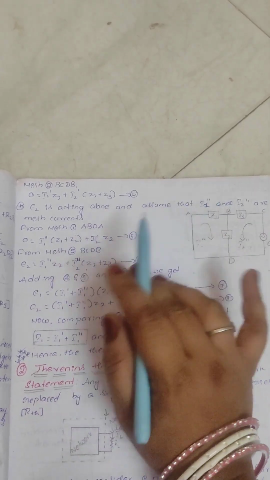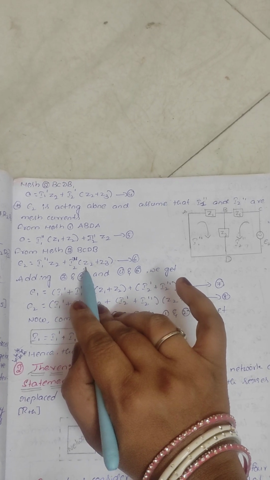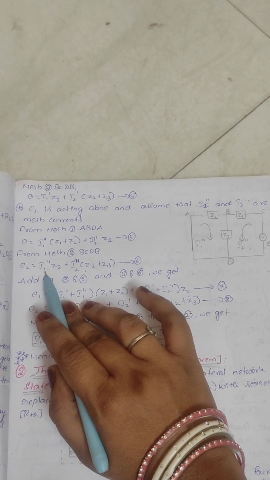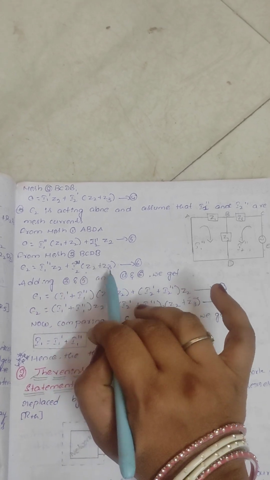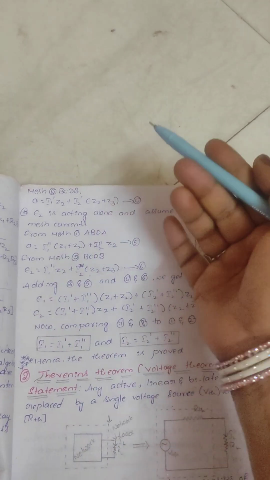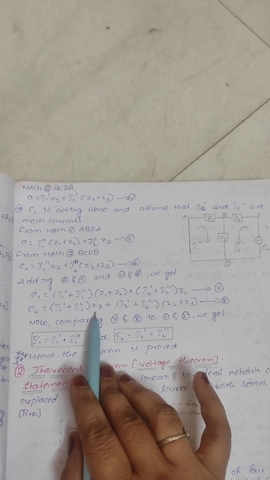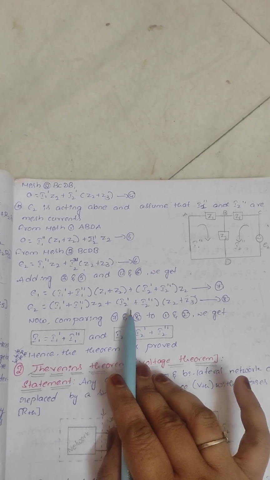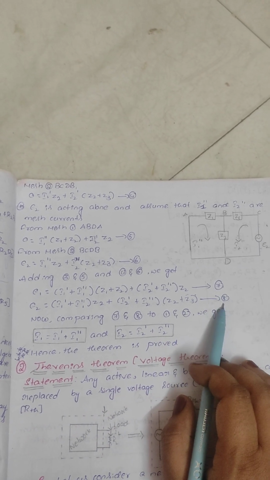By taking Z2 common, Z2 into I1 dash plus I1 double dash, plus Z3 into I2 double dash. By solving these equations, you get E2 is equal to I1 dash plus I1 double dash into Z2, plus I2 dash plus I2 double dash into Z2 plus Z3. This is equation 8.